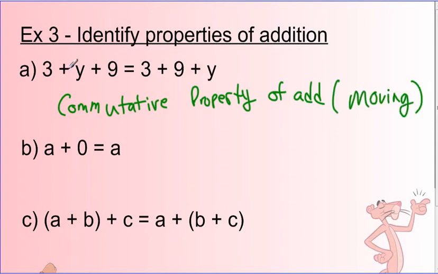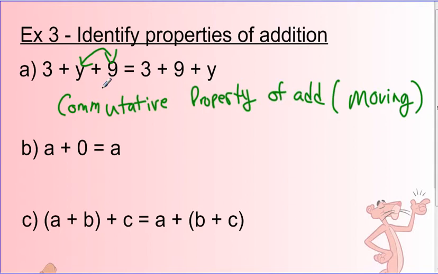Because if you look at these two sides of this problem, all that really did is we switched the y and the 9. We moved them around. That's what the commutative property of addition says. If you have addition between two numbers, you can switch those numbers around and it does not change your answer.